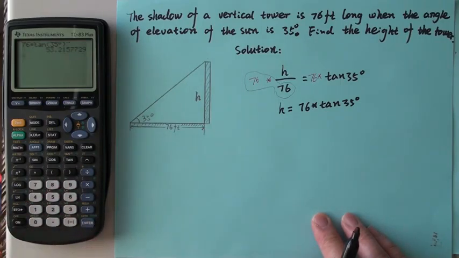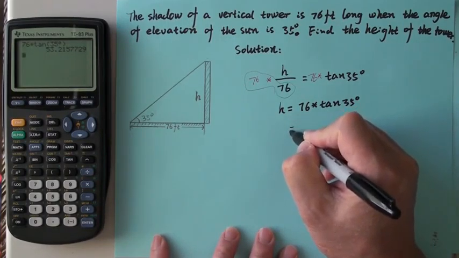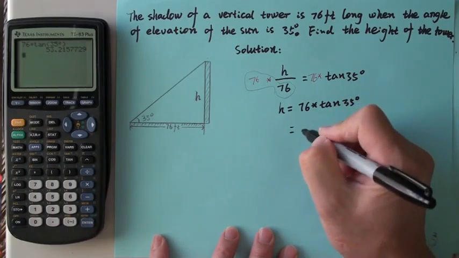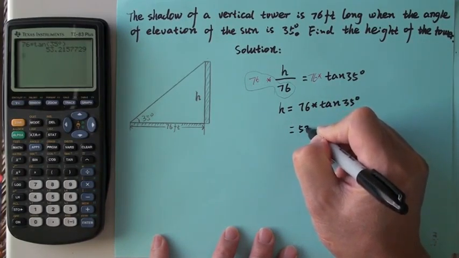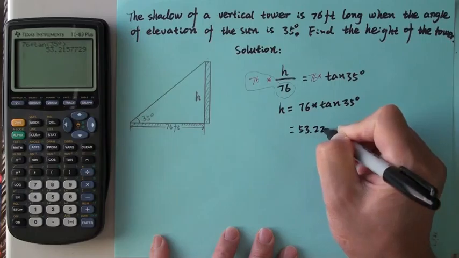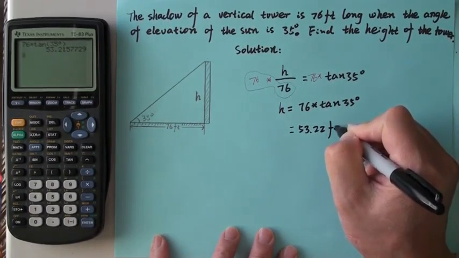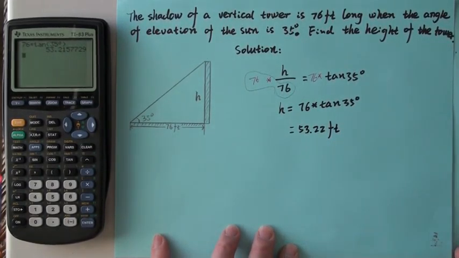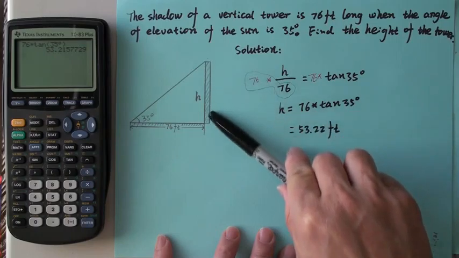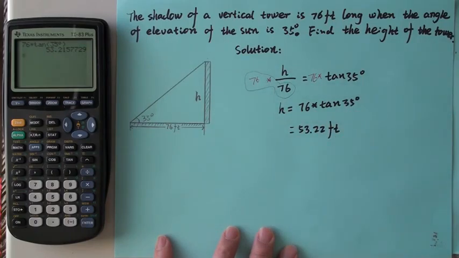You hit enter, you then have the value, which is 53.22 feet. Okay, and that will be the answer for the height of the tower.